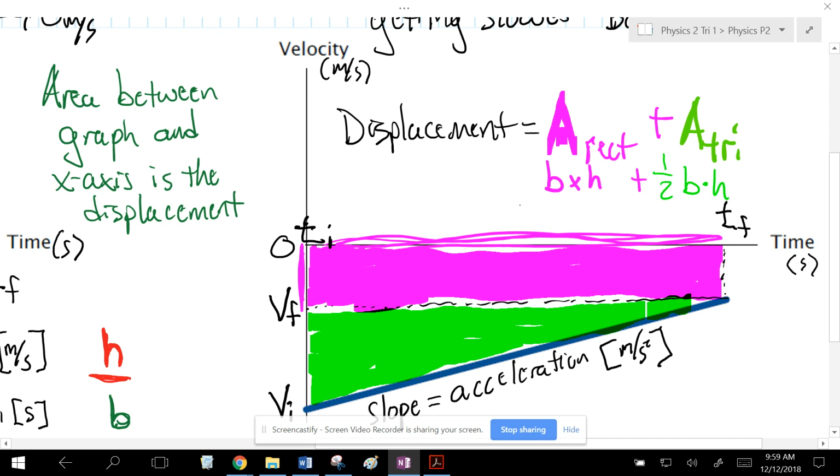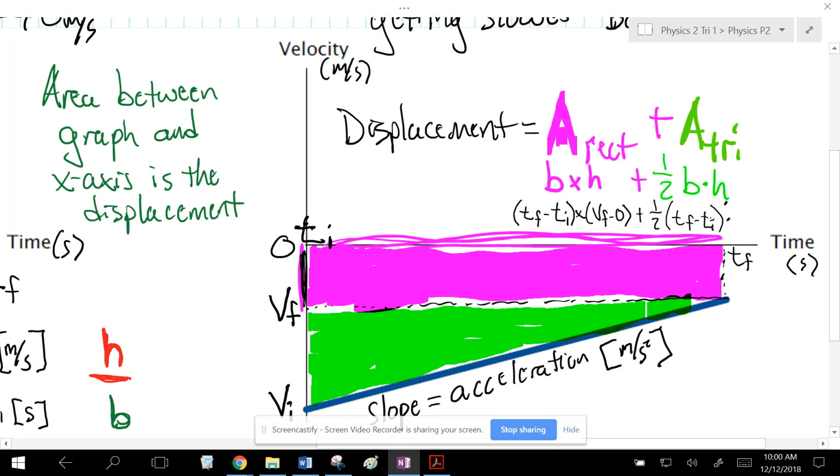Okay, the base of the rectangle, that's going to be TF minus TI. The height of the rectangle over here, that's VF minus 0. And then it's 1/2 the base of the triangle, which is the same as the base of the rectangle. It's going to be TF minus TI. A lot of times, again, we don't write it that way because TI is 0.